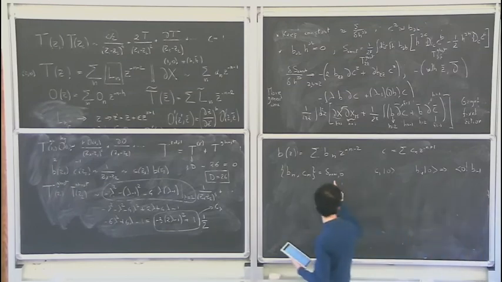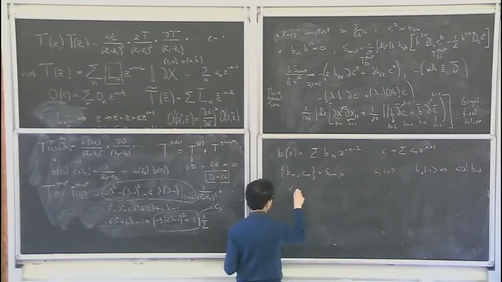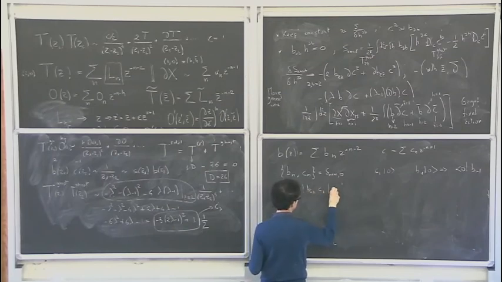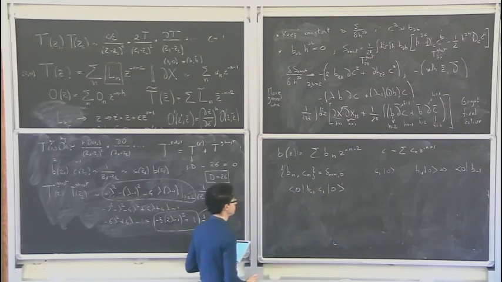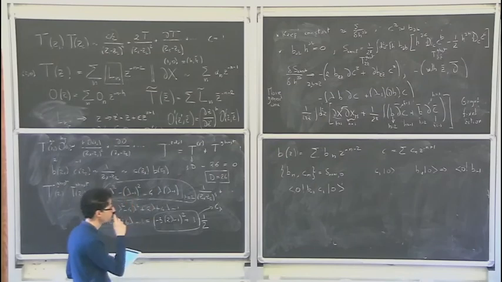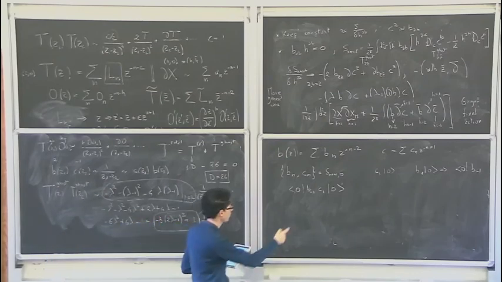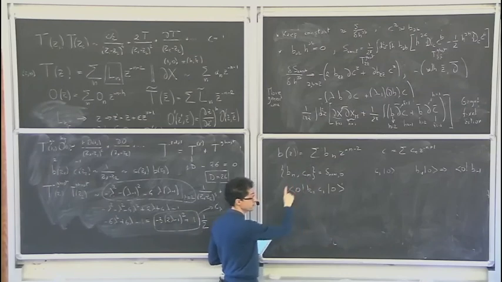But then, if you take the scalar product of these two objects, you would conclude that this scalar product is 0 because these ingredients are 0.